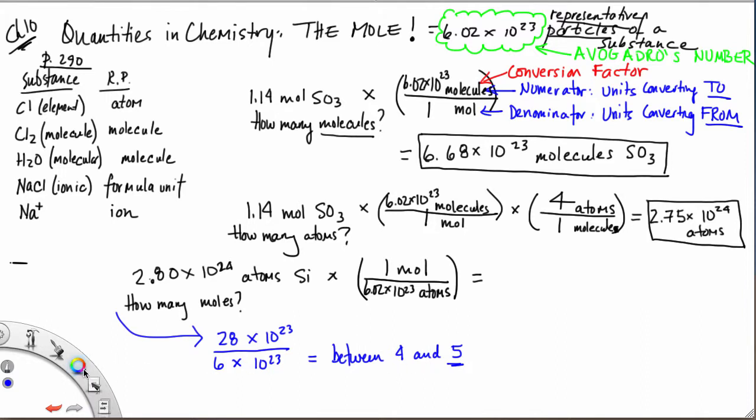Okay. Now let's go back and do the actual division. We end up with 4.65 moles of silicon, and I can see that, yes, my answer is between 4 and 5 and closer to the number 5.